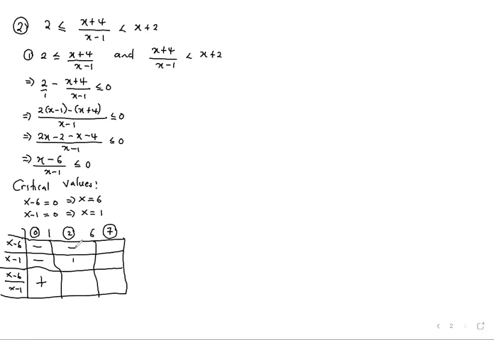Then negative, positive, negative. Positive, positive, positive. The solution set, we want where it is less or equal to 0. Remember what we said? When less or equal to, you go for the negative. So we'll start from 1 up to 6. The numerator must be included, the denominator not included.